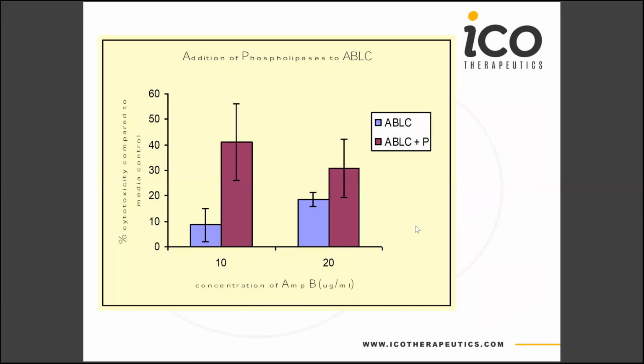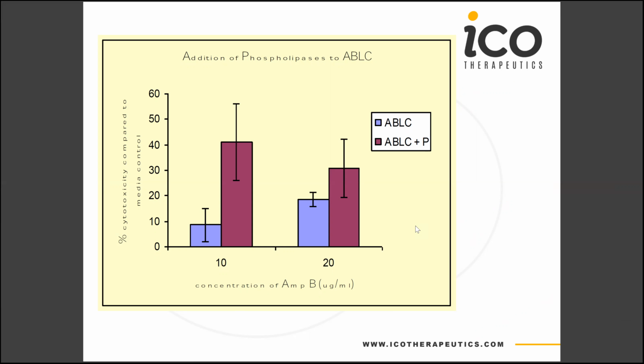What these phospholipases do is cleave the amphotericin B from that drug delivery lipid package in the monomeric form. Remember, I showed you that it's the monomeric form of amphotericin B that binds to the sterol component of the cell membrane and lyses the cell. So it has to be in that monomeric form to be effective.